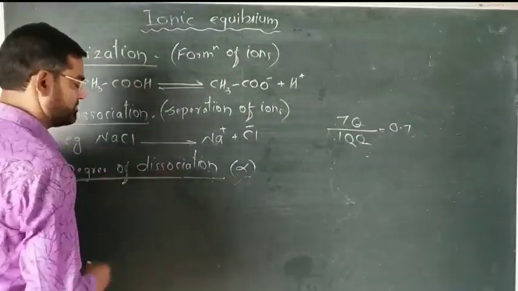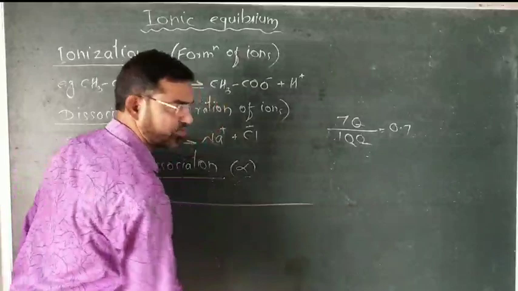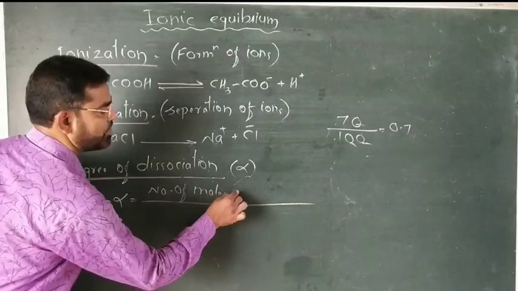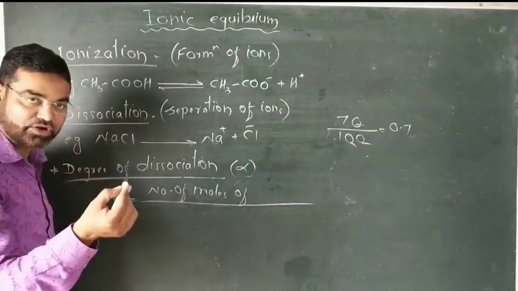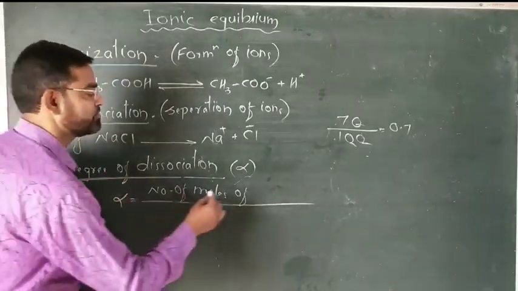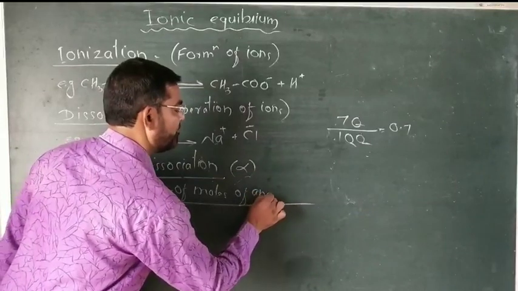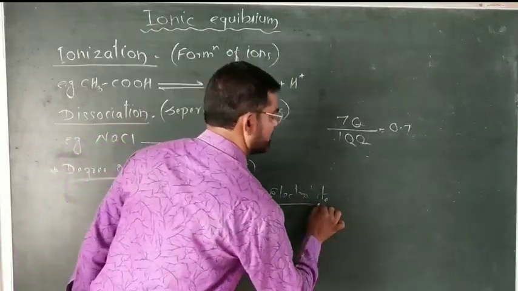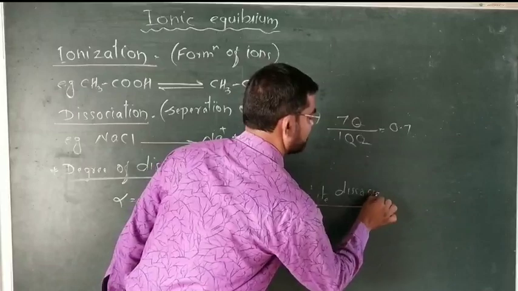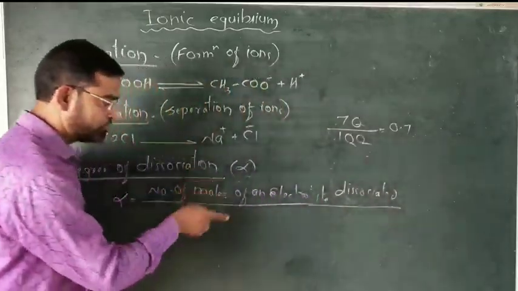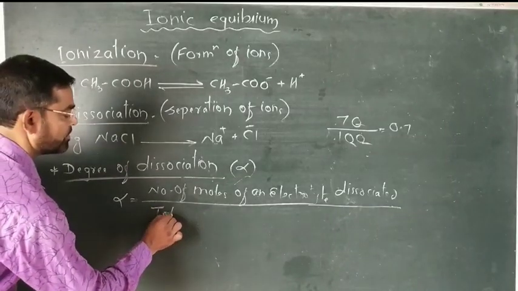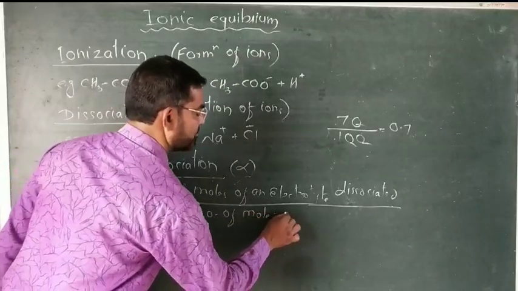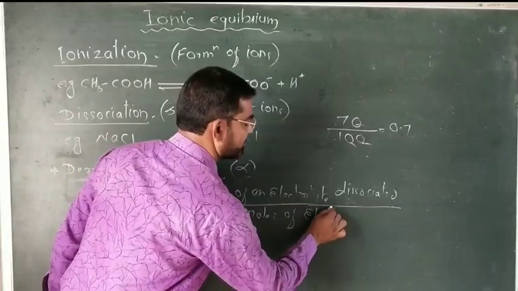Means alpha, the degree of dissociation, is equal to the number of moles of compound or salt or electrolyte or solute dissociated to the total number of moles of electrolyte taken.